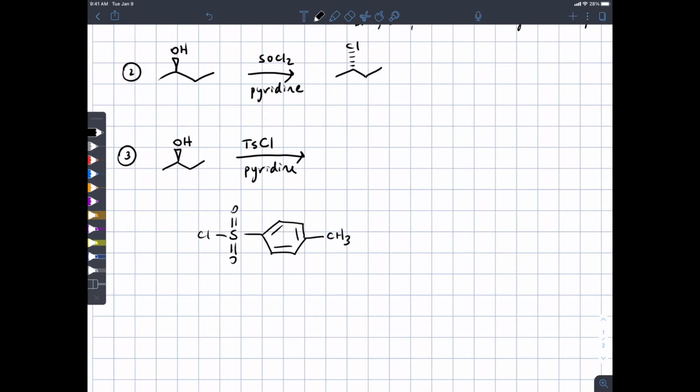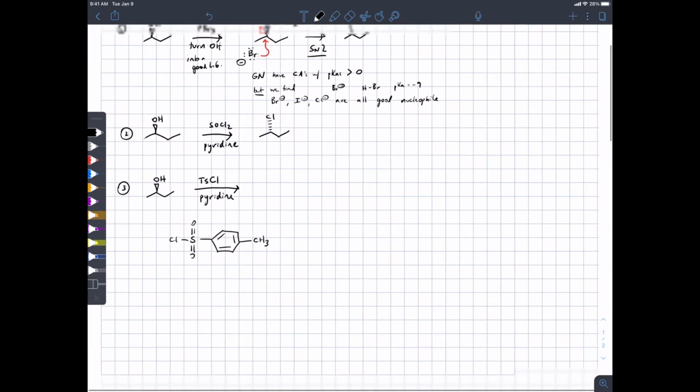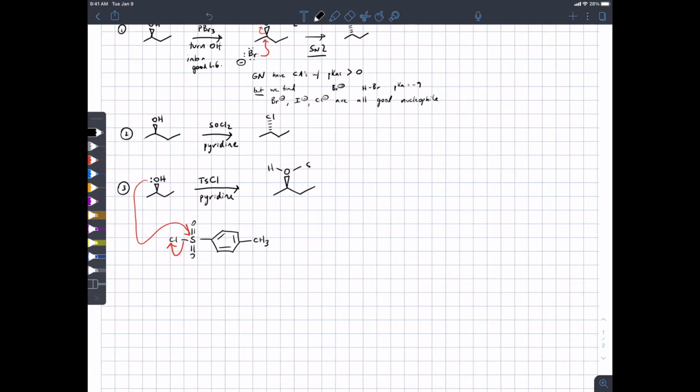The first step is like the first step of the PBr3 or SOCl2 reactions. That is, we turn oxygen into a good leaving group by making an oxygen-sulfur bond and breaking a sulfur-chlorine bond. Technically, that is a substitution reaction at sulfur, but it may not be useful to think of it as a substitution reaction because the stereochemistry here doesn't change at all.